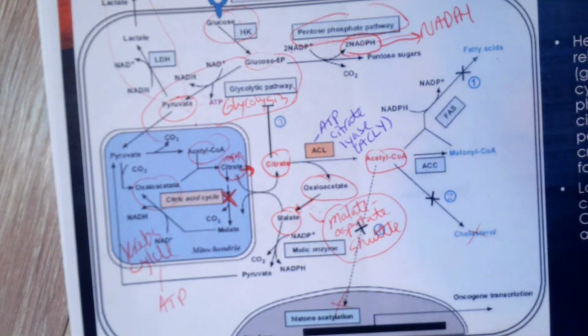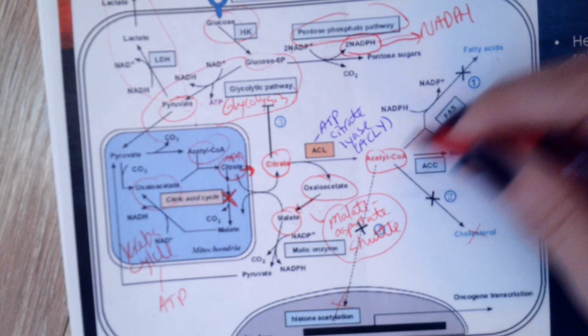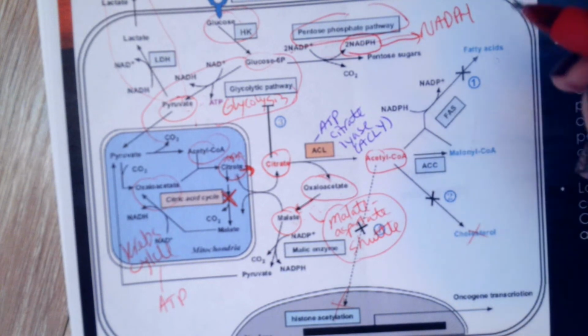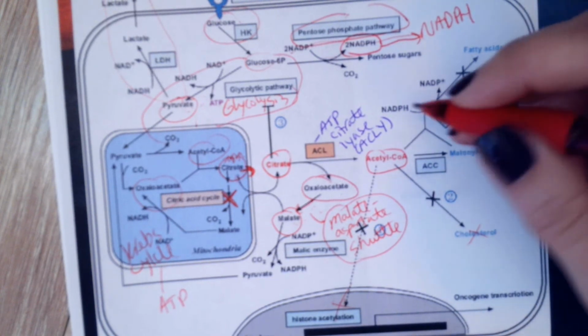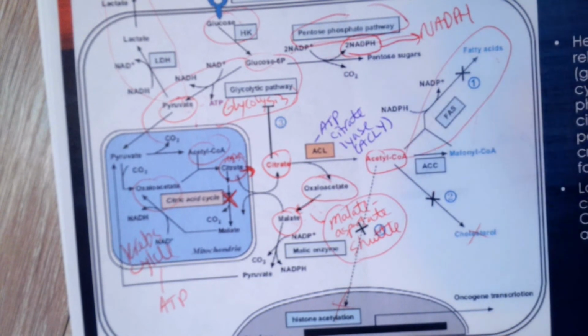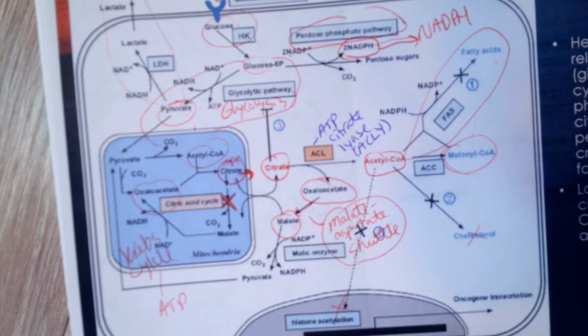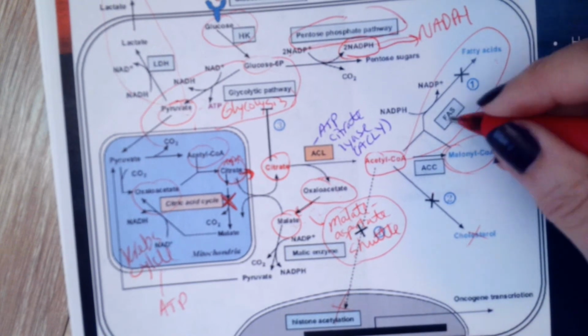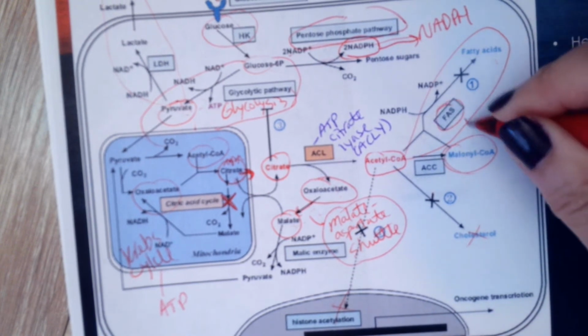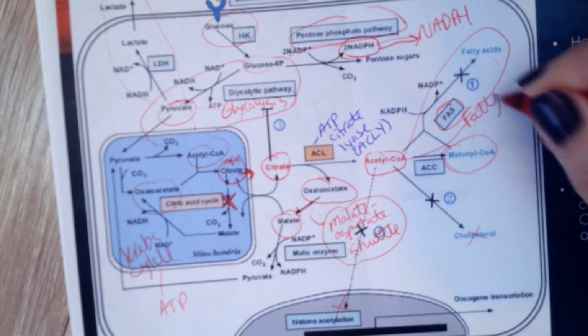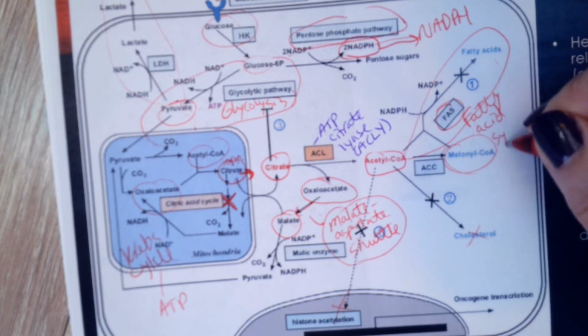Here we are worrying more about how we're going to go on through the rest of this video, which is by going up into fatty acid synthesis using the molecule malonyl-CoA and an enzyme called fatty acid synthase.